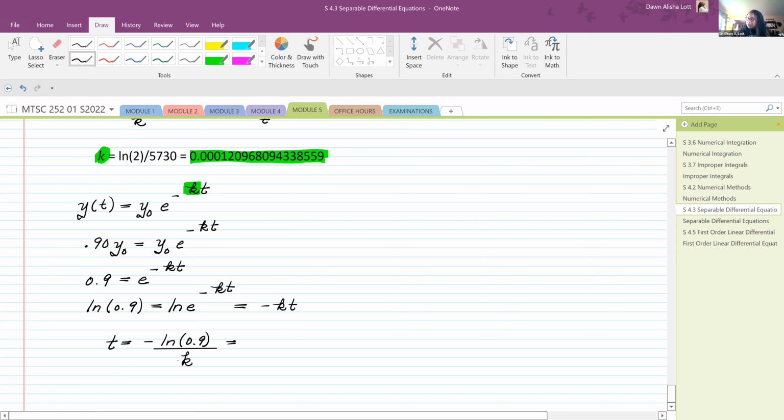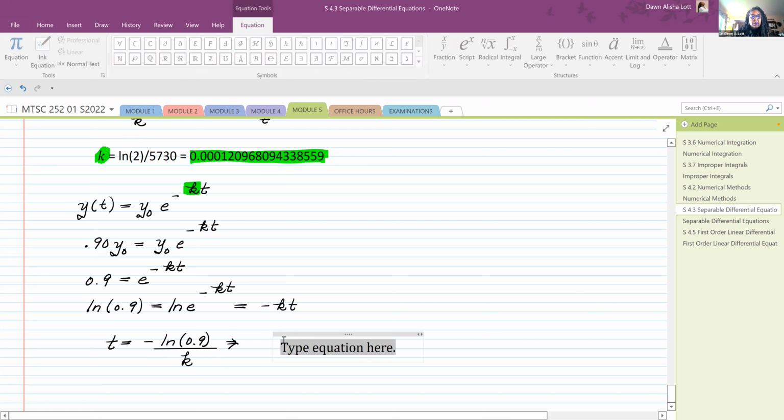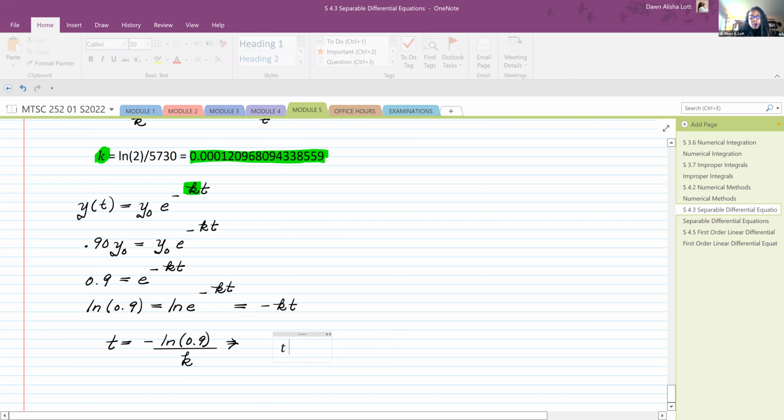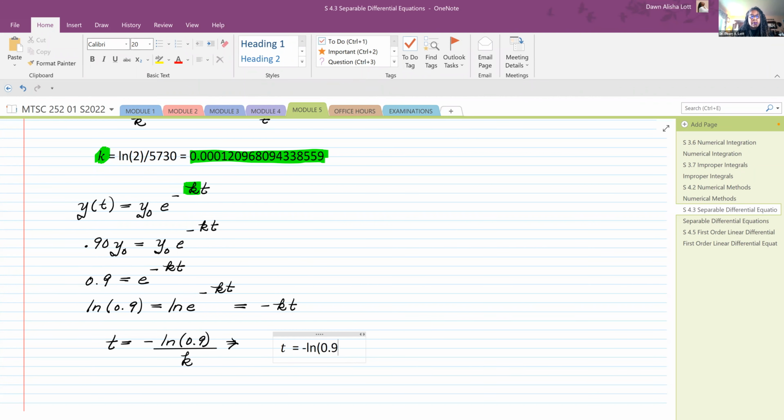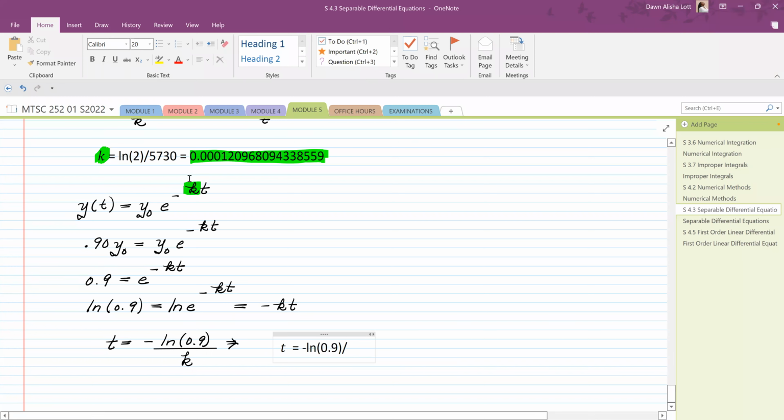So t equals negative natural log of 0.9 divided by this k that we have.